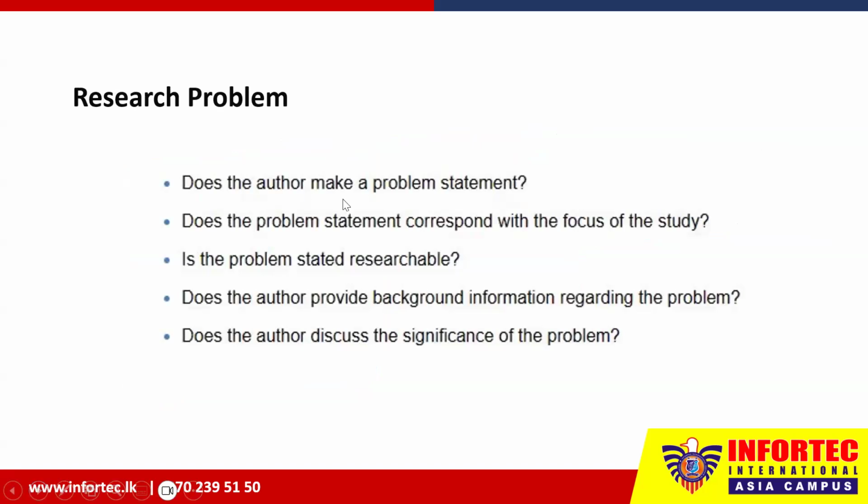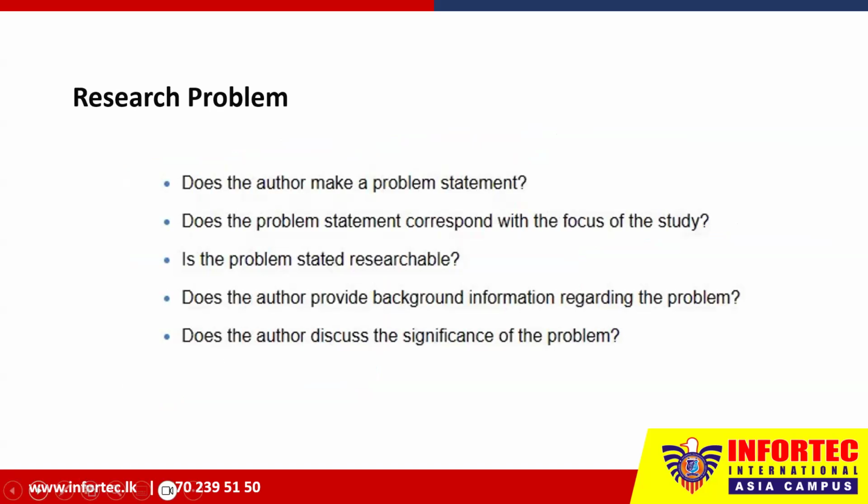When you consider the research problem, you can think about whether it is a researchable problem, whether they provide background information regarding the research, and whether they provide some significance. Those things you can check.